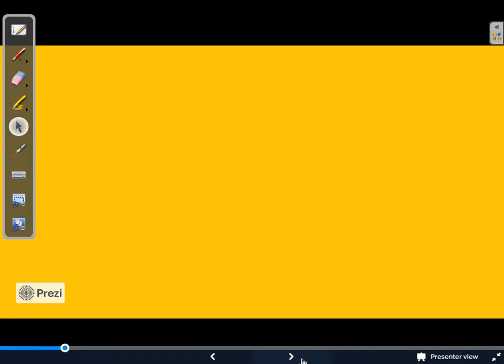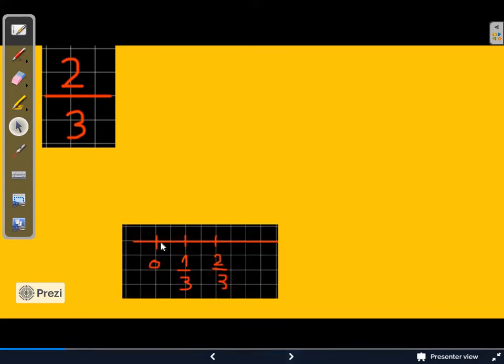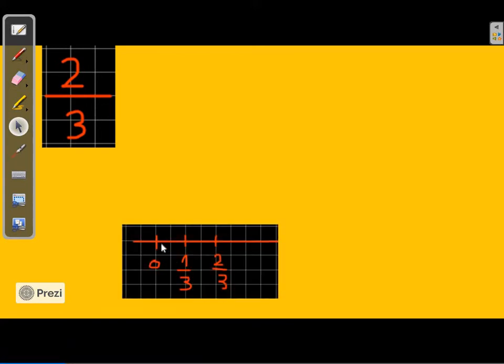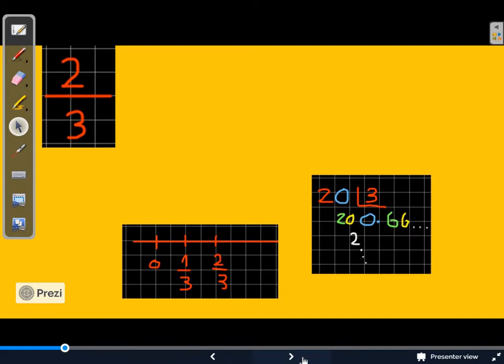But there are also some rational numbers, like 2/3. If we represent it on a number line, starting from the 0 and then with 1/3 and getting to 2/3, we will stop here. But if we remember that every fraction is also a division, and then we divide, we will get the number 0.66666 and so on.